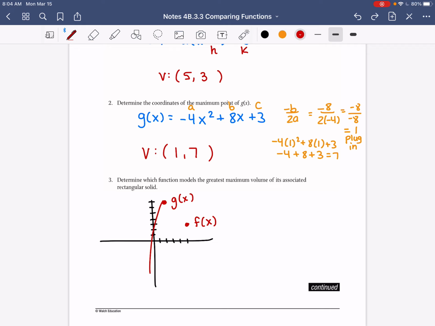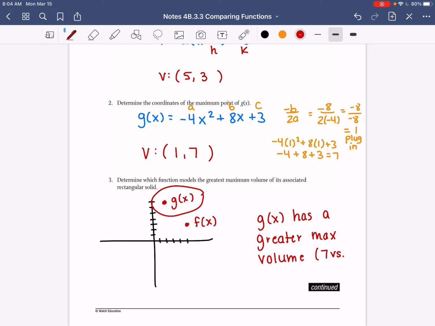So when we're asking which one has the greater max volume, we're talking about which one is higher, has a greater y value. So even though this one's further to the right, this one is further up. So g of x has the greater max volume, and it's based off of the y value, 7 versus 3.